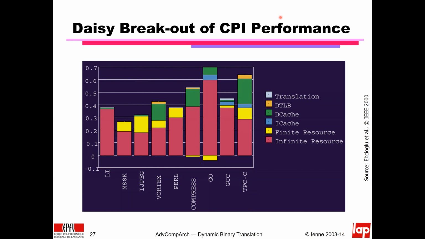But there is something else that I think is extremely surprising in this graph. So you see again, these are realistic benchmarks, right? They come from SPEC. They are things like GCC or TPC. Actually, this is not SPEC, right? It's a database.